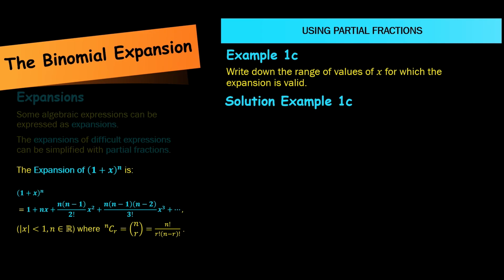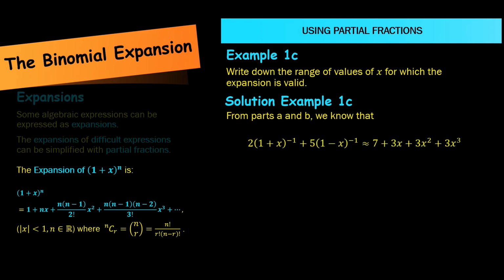So let's solve this. Of course, from parts A and B, we know that our fraction can be expressed as an approximation to this cubic as shown. The expansion of 2 times 1 plus x to the -1 is valid if mod x is less than 1.